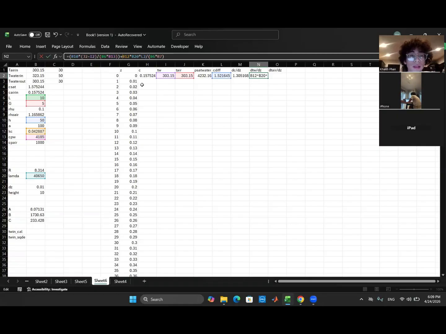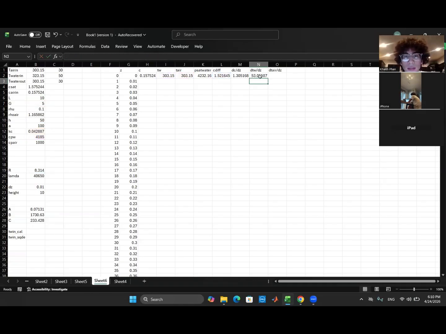Okay, so let's double check this. Kc lambda times C diff divided by L, heat capacity of water. Okay.